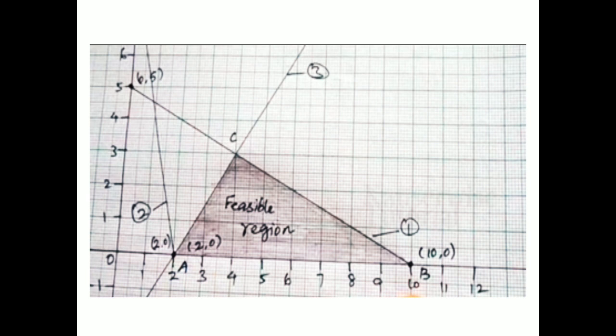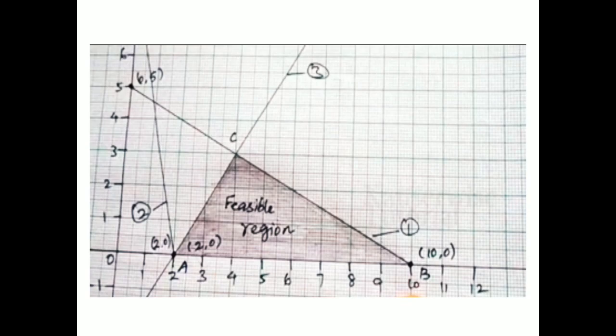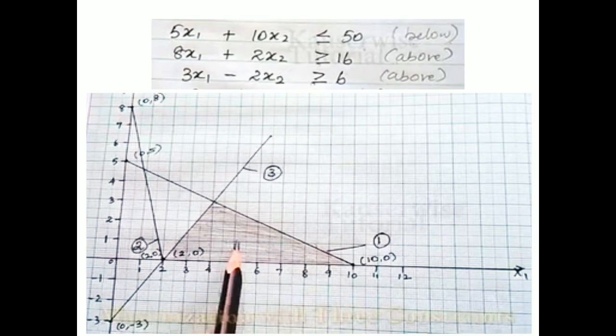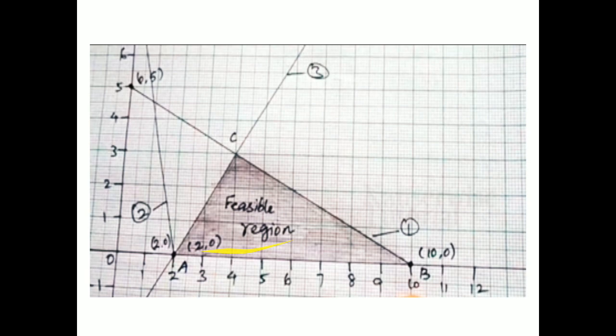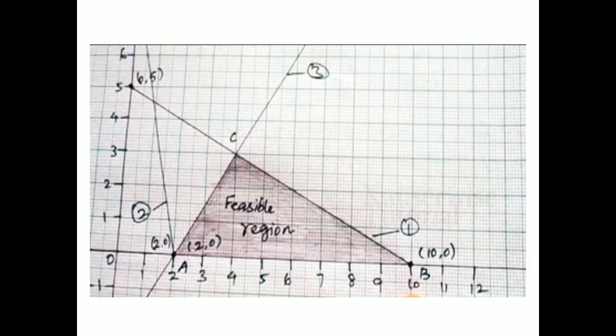So take the equation of line number 1, that is 5x1 plus 10x2 is equal to 50, and the equation of line number 3, that is 3x1 minus 2x2 is equal to 6. Solve the equations simultaneously and you will get point C. So point C has come out to be (4, 3), which means x1 is equal to 4 and x2 is equal to 3.